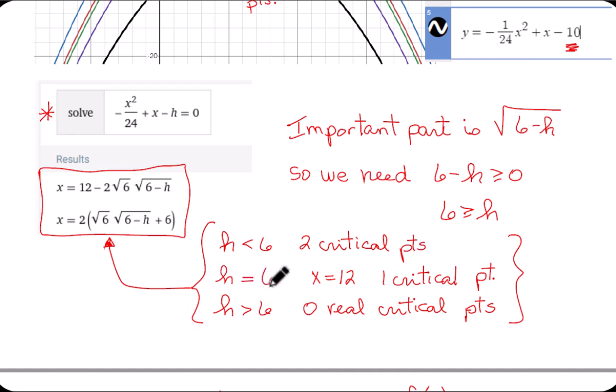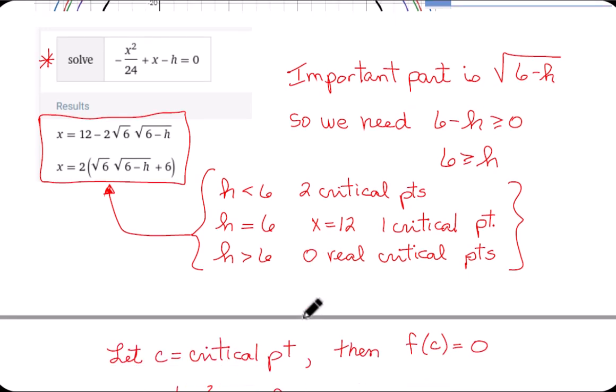If h is 6, all right, plug in 6 here. This is the square root of 0, and all of this goes away, giving me one critical point of 12.